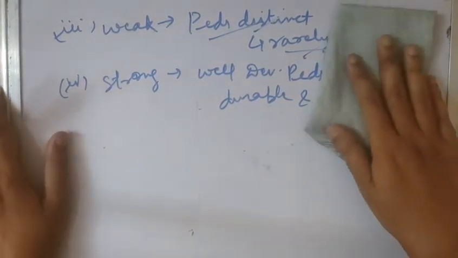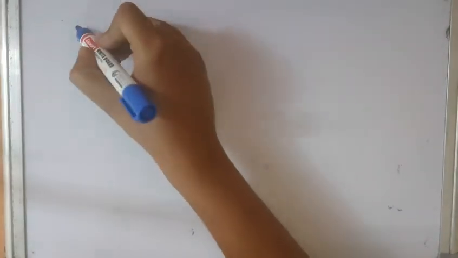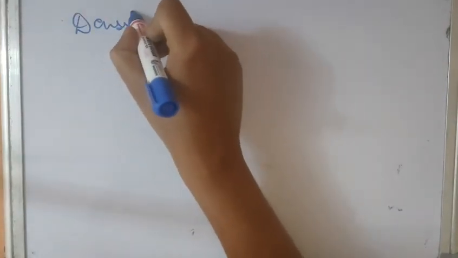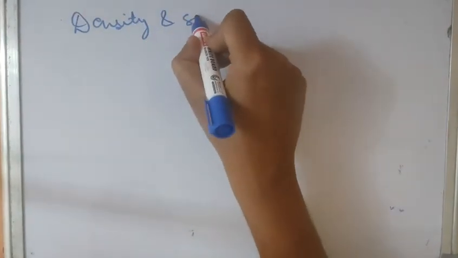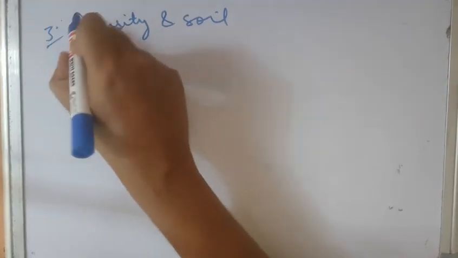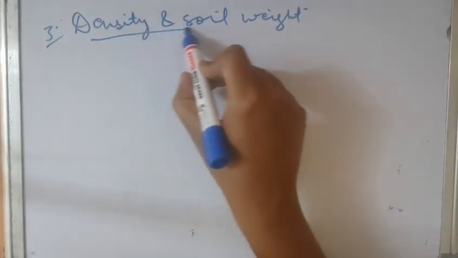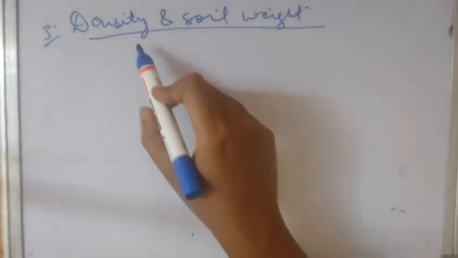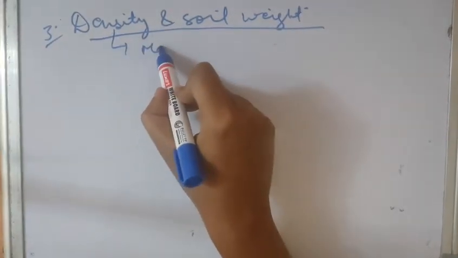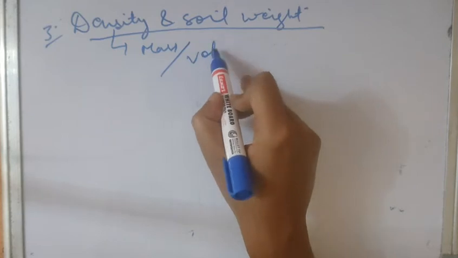Now moving on to density and soil weight, that is the third physical character. What is density? You all know, mass by volume.